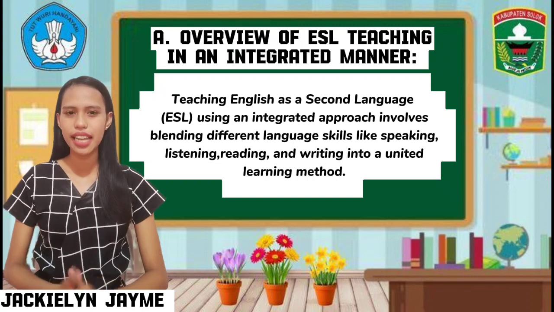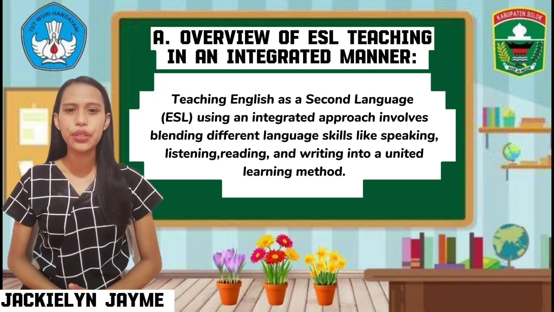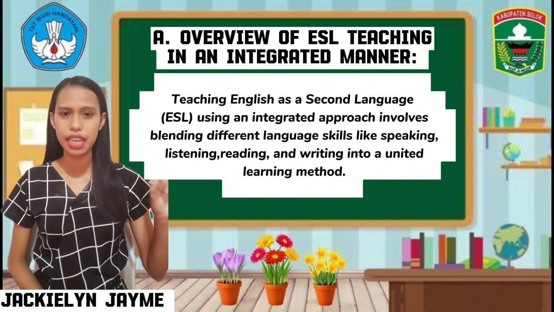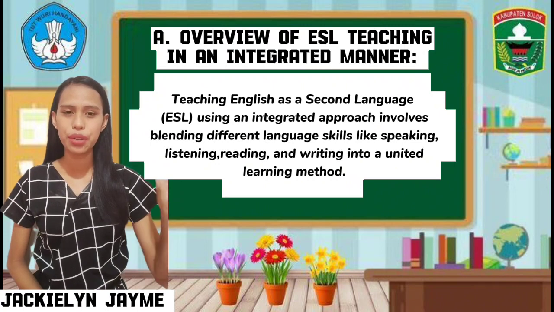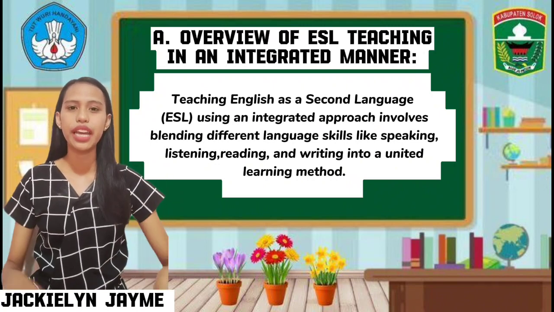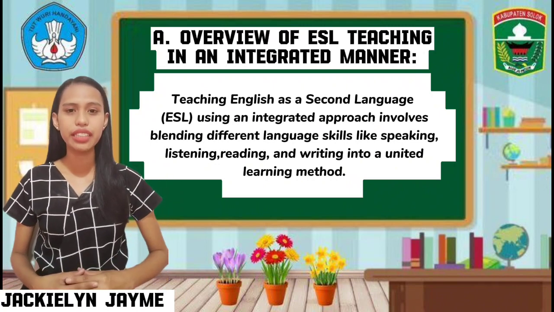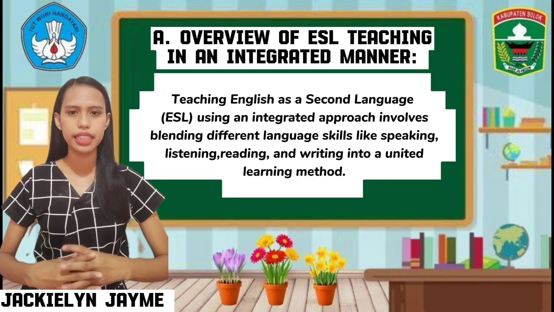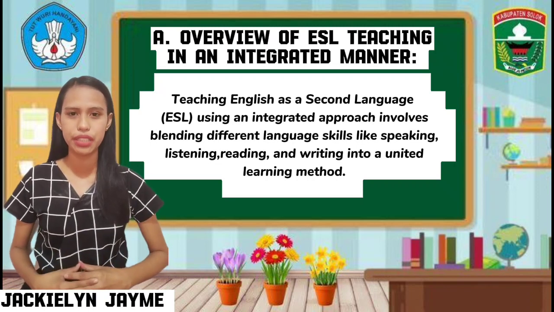Teaching English as a second language, or ESL, using an integrated approach involves blending different language skills such as speaking, listening, reading, and writing into a united learning method rather than keeping the skills separated. These methods combine them to create a more connected and complete educational experience.